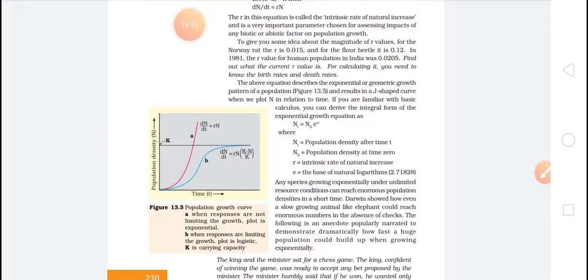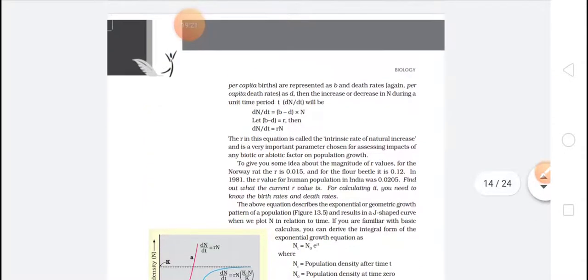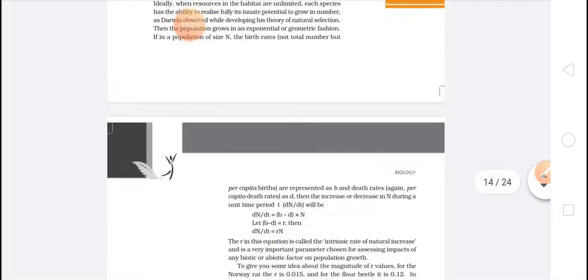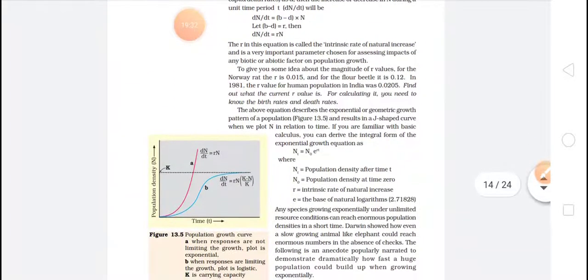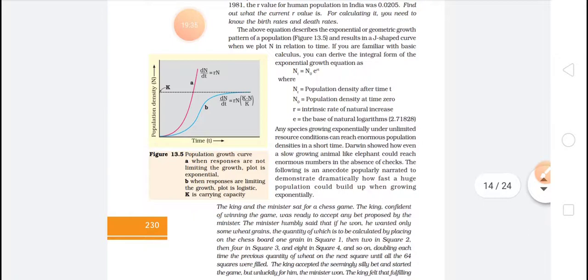And as you know, Darwin said, if you want to survive, then you have to face all the situations given to you. The theory of natural selection was given by Darwin. So those who can survive in that situation will exist and will grow.